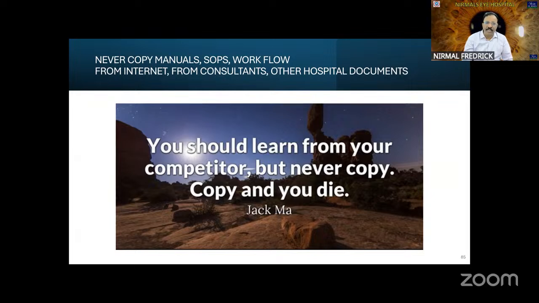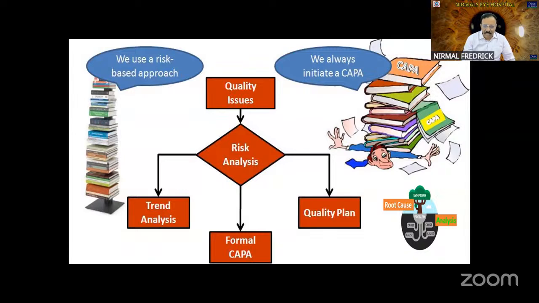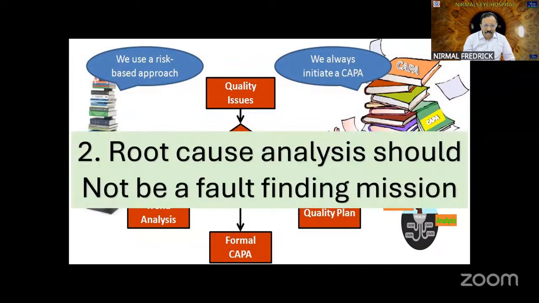Never copy from the internet or get documents from other consultants or other hospitals, because each hospital is unique in its own way. So never copy from your competitor or from the internet. The next important thing is to use root cause analysis to improve yourself, not as a fault finding mission.